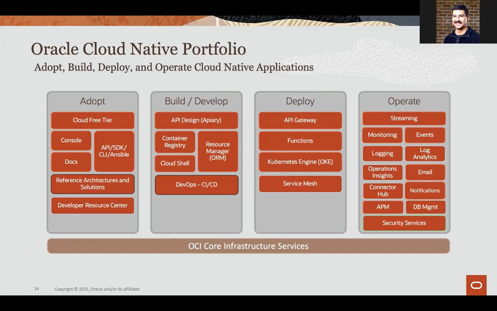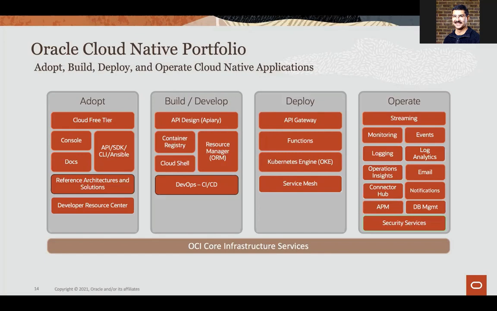Resource Manager is a Terraform-based service that lets you orchestrate your infrastructure as code. And then we have the Docker registry, which is called the Container Registry, a standard Docker V2 compliant registry. So those are the essential key components. There are some more things in that block, but I'm calling out the key ones.